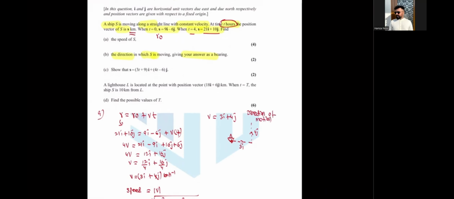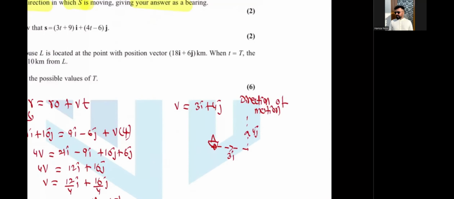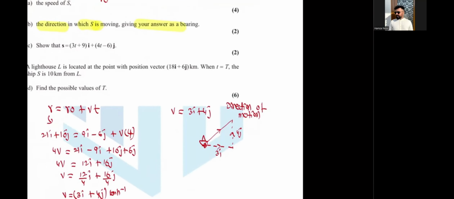What we need to do is find the bearing here. At the starting point of this vector, we are going to draw a north line. This essentially means that we need to find this angle theta. Agreed with this? Because we need to tell the bearing. First of all, we can find this angle x with the horizontal by opposite over adjacent.